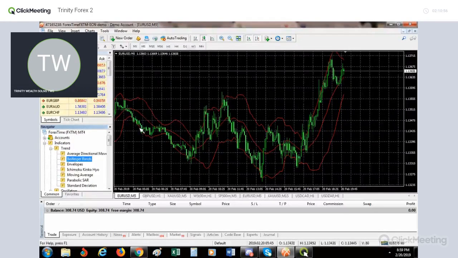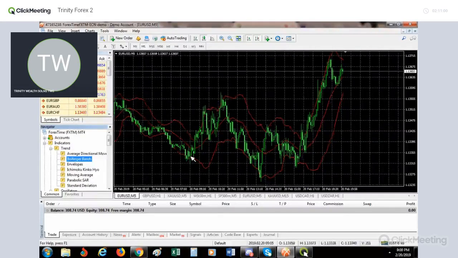You can always try it out to see if it can work for you. But you can see the price can move along the band. So you have to be sure at what point it is telling you to buy, if it's moving along the lower band, or at what point to sell, if the price is along the upper band.